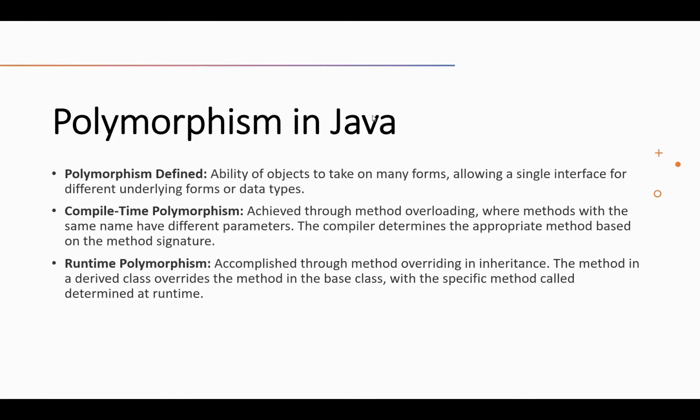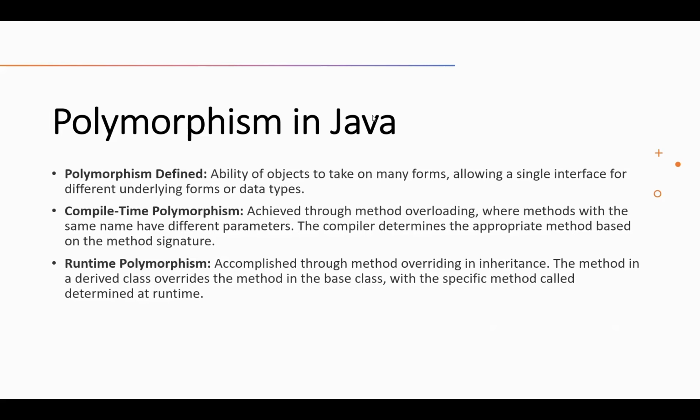Similarly, in Java, you can have multiple methods in a class with the same name but different parameters. The compiler at compile time decides which method to call based on the method signature. So method overloading allows us to use the same method name for different ways to perform an action, making our code cleaner and more intuitive.